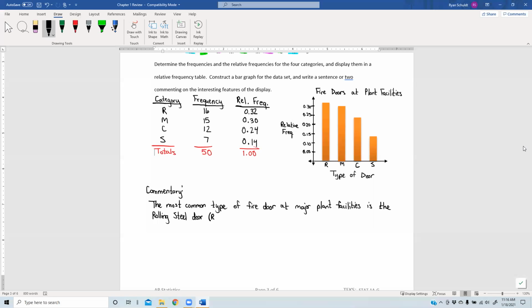And we denoted this with a capital R. The least common type of fire door at the plants is the single swinging door.